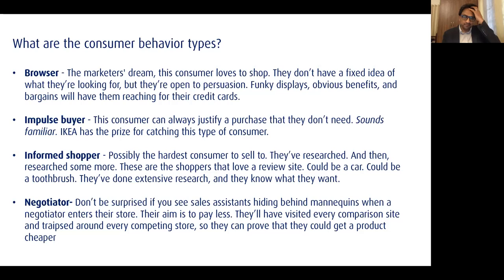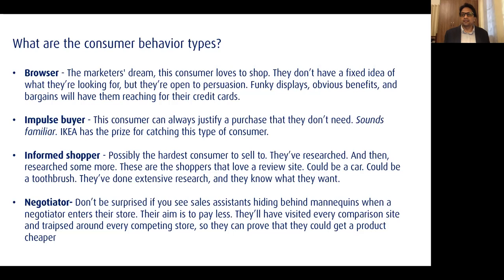And for them, it's about creating a fantastic visual merchandising, funky displays. And of course, they will definitely bargain. So it's more of how you can actually entice these people. So a browser is a good person. If you have a general browser coming to the store, you can actually convert him because he has not come with any kind of prefabricated idea saying that do I need this or not, all of that. So that makes it very, very interesting.